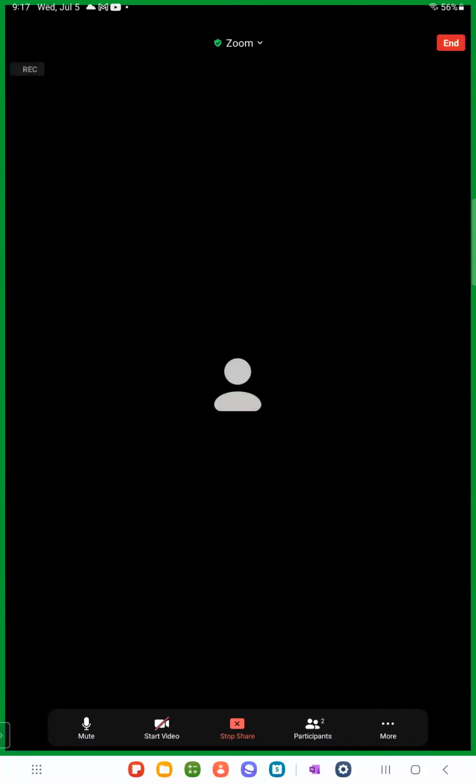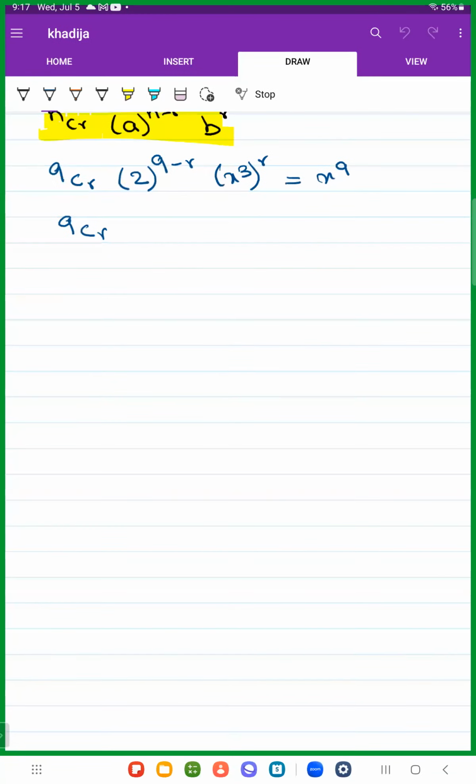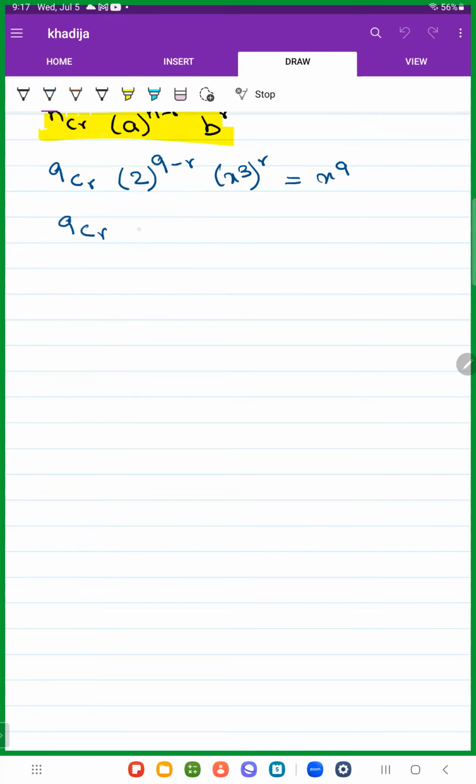Okay, Khadija, let's continue. So you'll do nCr 2 to the power n minus r, where you will be multiplying the power. So 2 has the power n minus r, and then x has the power 3r. Now you'll just make an expression out of the powers. You'll write n minus r plus 3r should give you 9.